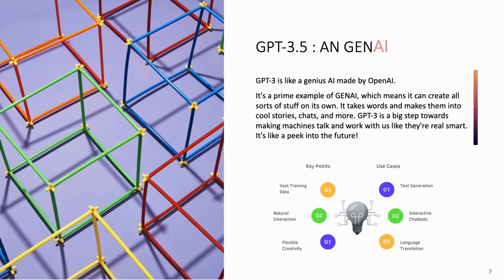ChatGPT 3 is a big step toward making machines talk and work with us like a colleague or a friend. It is trained on vast data sets, with natural interaction and flexible creativity. We can also set the creativity of ChatGPT 3.5 to low creative, balanced, or very creative.